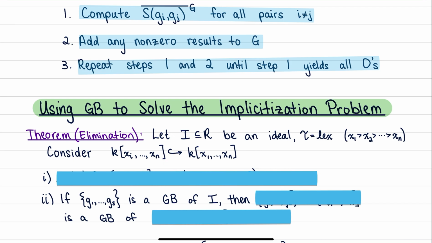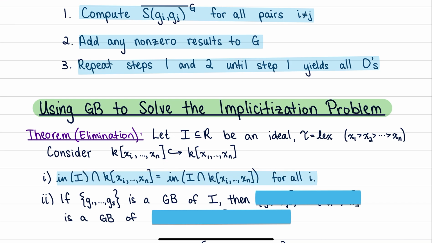The first part of this theorem says, if I have an ideal I that lives upstairs in R, I take its initial ideal and send that back through this map, looking at just the elements that have the smaller variables in them, taking out all the elements with the big variables.